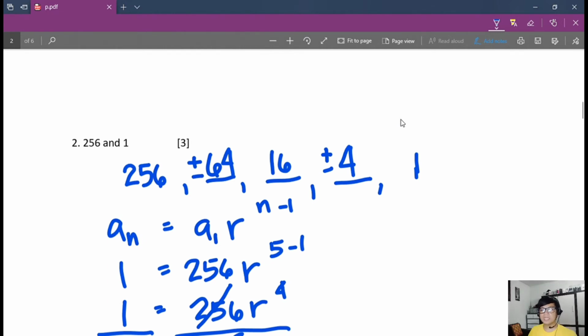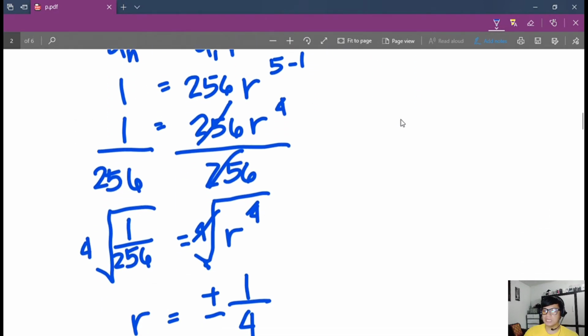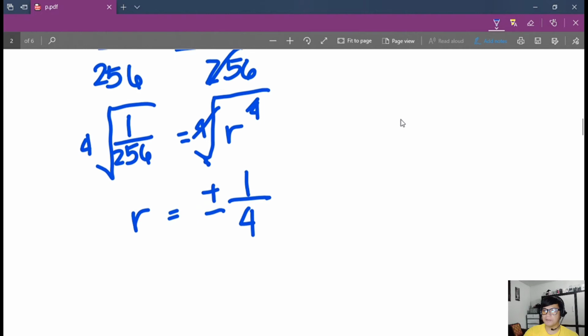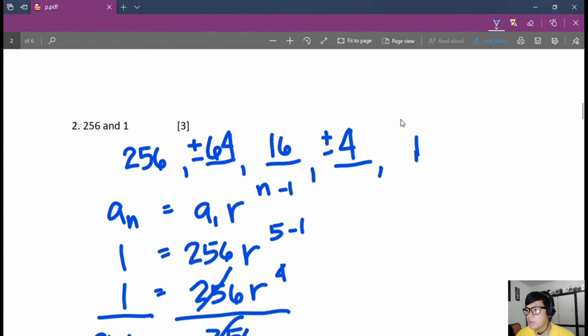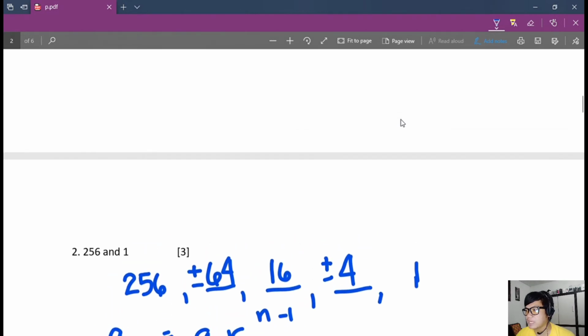So, as you can see, when our common ratio is a negative number, you will notice that our terms alternate between positive and negative. Look, 256, negative 64, 16, negative 4, 1. So, that is how it looks when our common ratio is negative.